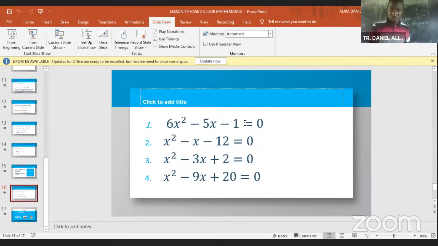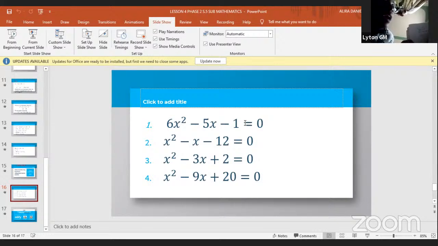Then we shall say either x minus 1 equals to 0 or 6x plus 1 equals to 0. Then we shall find the value of x here, which will be equals to 1, for x minus 1 equals to 0. Yes. Okay.